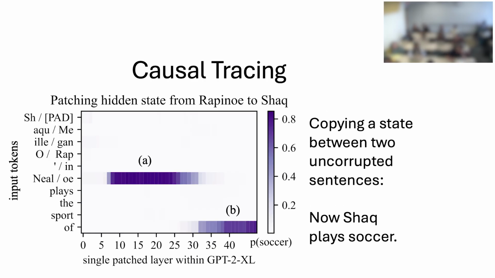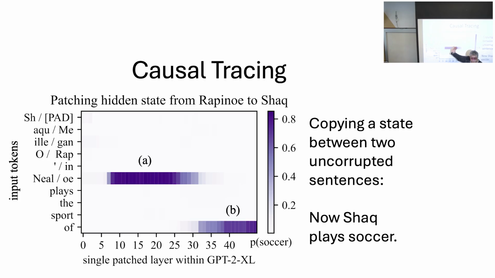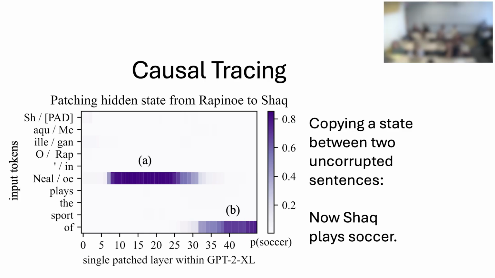So the two sentences both say plays the sport of, but one of them is spelling out Shaquille O'Neal, the other one is spelling out Megan Rapinoe, and you can patch from Megan Rapinoe to Shaquille O'Neal and see what happens, right? And most of the time, if you patch over these early things, it doesn't make it say soccer. It just doesn't work.